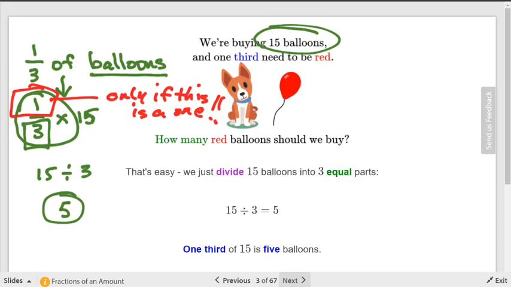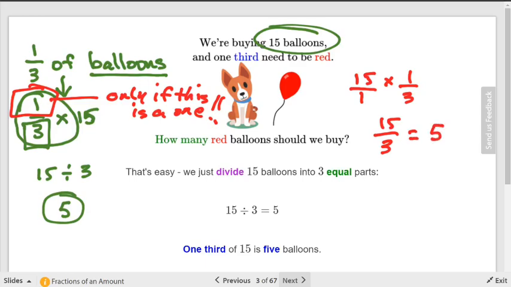And if you remember, because you guys have all seen multiplying fractions before, right? It's the same as saying 15 times 1/3, right? We just make that look like a fraction and then multiply straight across. Gives us 15 over 3. And 15 over 3 is just 15 divided by what?